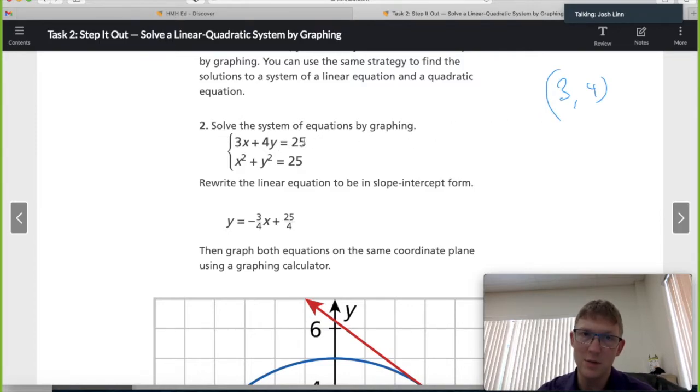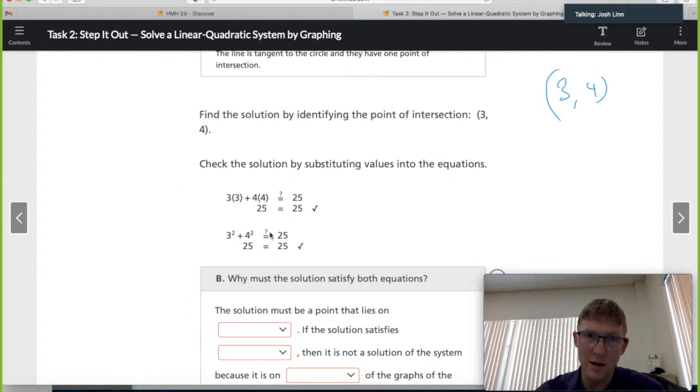We shove the 3, we shove the 4 in there, and we make sure that it does in fact equal 25. And then we shove the 3 and 4 into the second one, make sure that this equation is a true statement, and then we're good to go. So they do all of that right there. So again, especially if you're looking from a graph, you will definitely want to check your work.